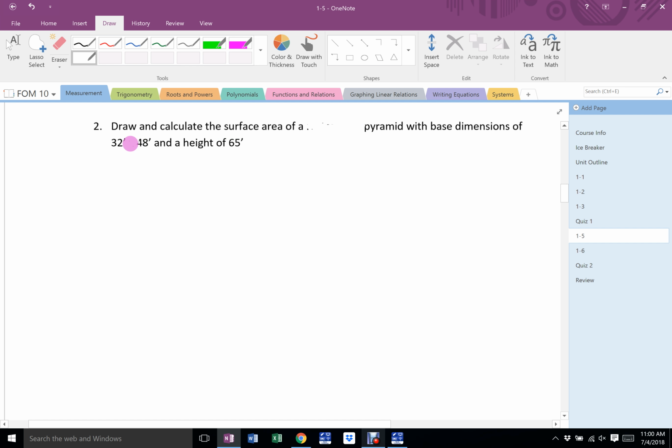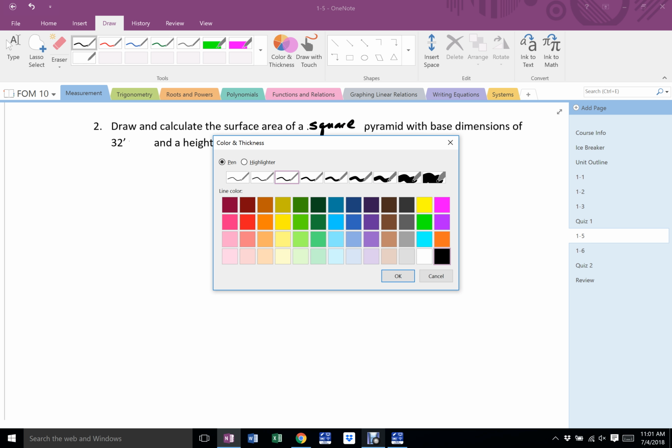We are going to erase the 48. We are going to make that a square pyramid with base dimensions of 32 feet.